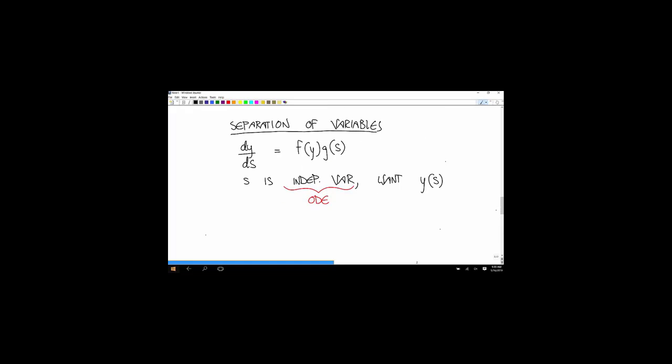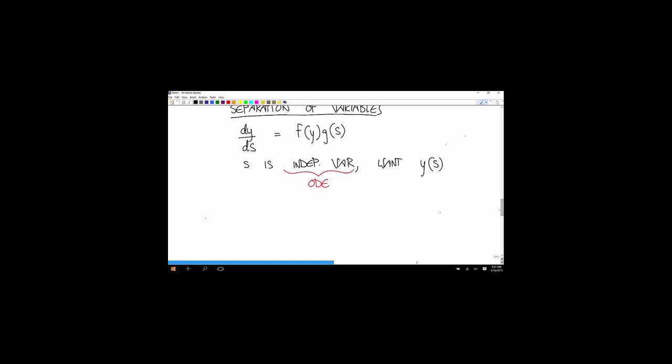But if you have something that you can separate that way, you can separate into a function of the dependent variable times a function of the independent variable. And the way you solve that is rewrite this.